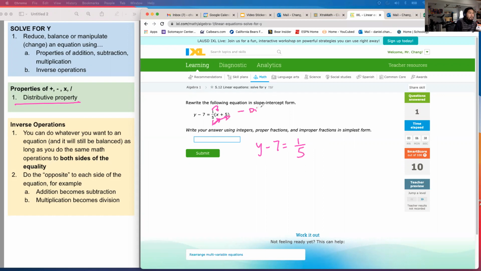That is the distributive property. And I get 1/5 x plus 5/5, which I also know is just 1 whole. So that's step 1. Step 2, I'm going to use inverse operations because I want to get y by himself.